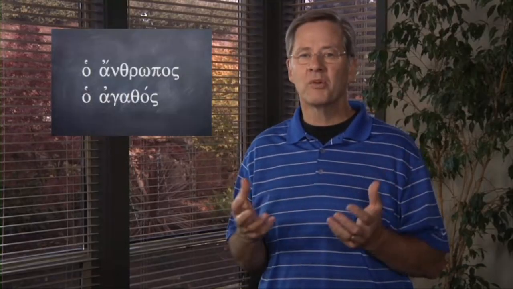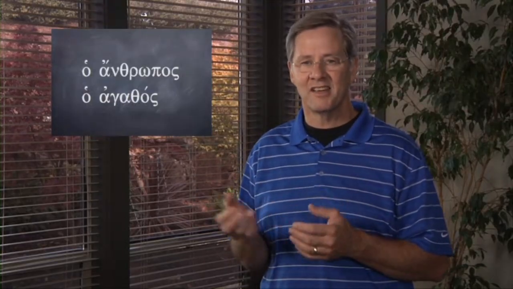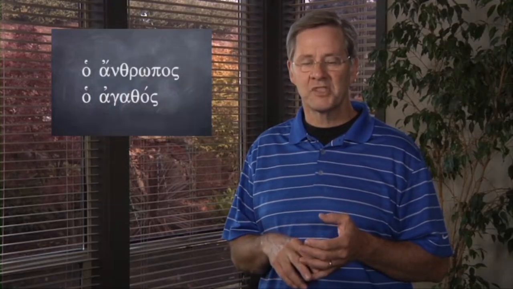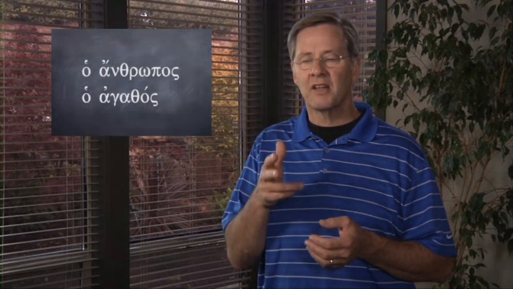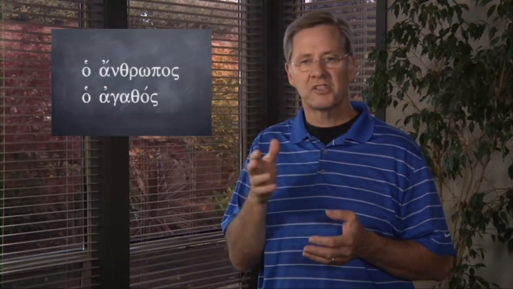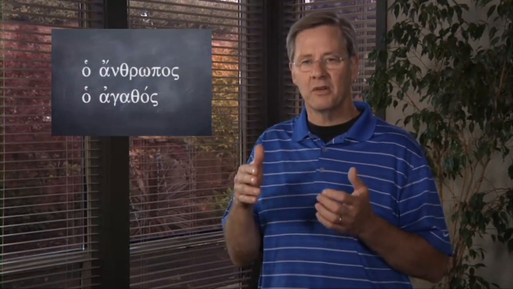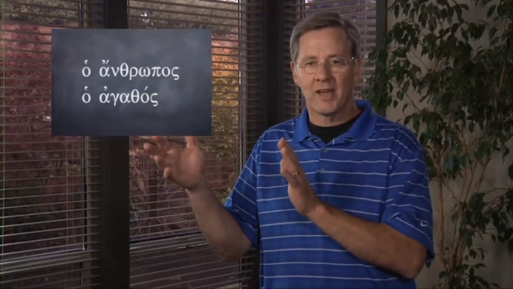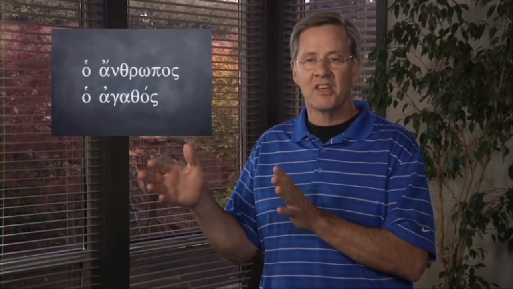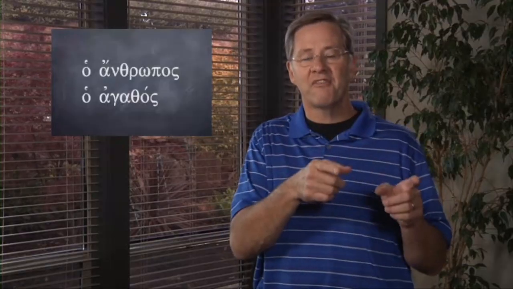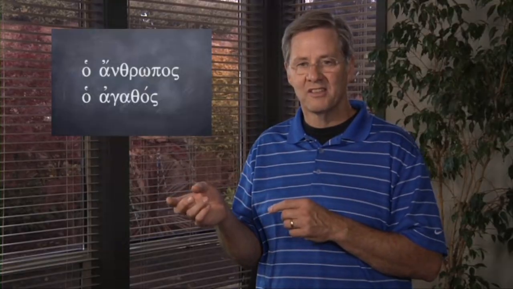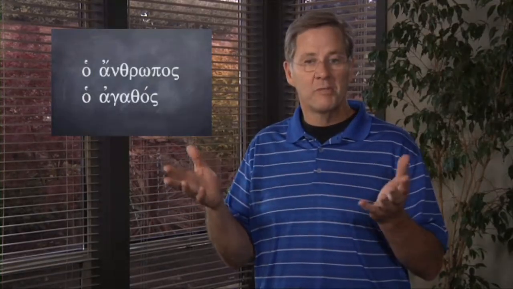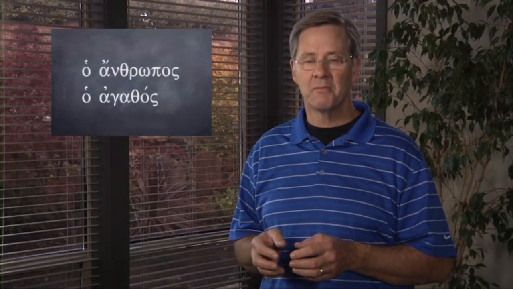Well, not all words have meaning that can be translated. In this second attributive position, the second article has a purely grammatical function, and it's simply telling you that the following adjective is in the attributive position and modifies the preceding word. So ho anthropos ho agathos, the man the good, would be translated 'the good man.'